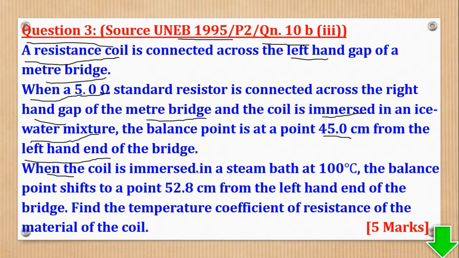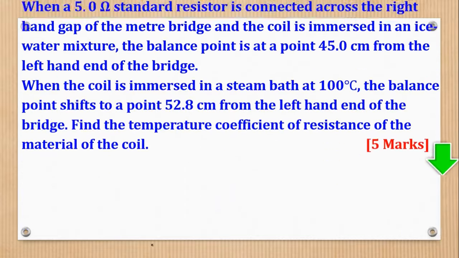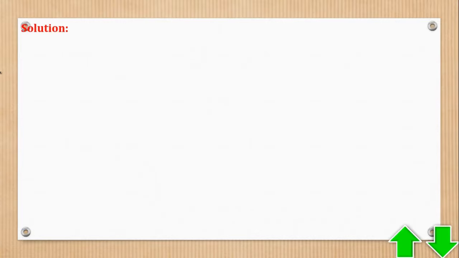When the coil is immersed in a steam bath of 100 degrees Celsius, the balance point shifts to a point 52.8 centimeters from the left hand end of the bridge. Find the temperature coefficient of resistance of the material of the coil. So let's first make a sketch.